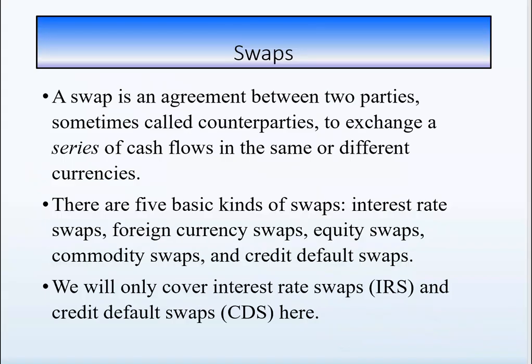Now let's turn our attention to swaps, but before we do that, let's compare them to forward contracts. Forward contracts, like the one we just looked at, are one-time transactions. Swaps, on the other hand, are a series of forwards. At least that's how you can think of them, as a series of forward rate agreements. We will cover interest rate swaps and credit default swaps in this video.